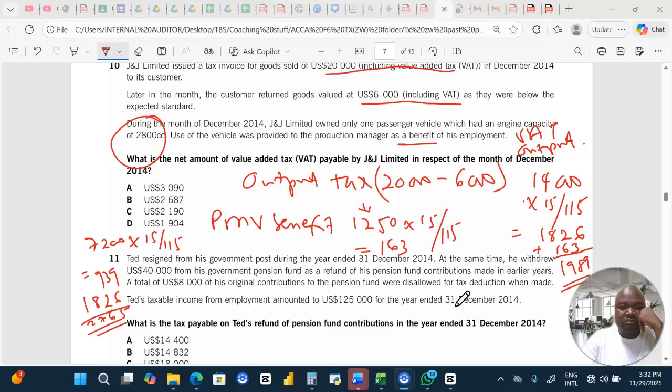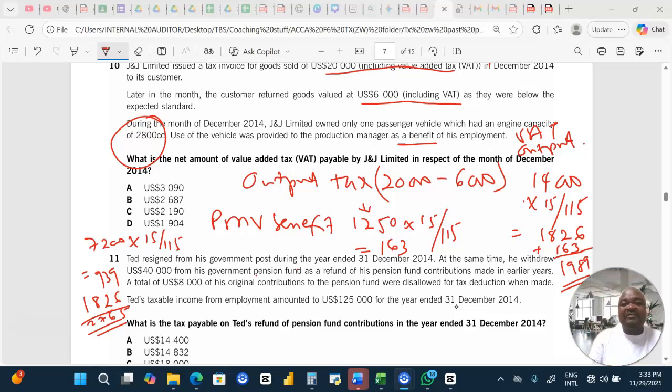Oh no, I made an error. This is an error which I don't want you guys to make. It's a very, very terrible error. And here we would be lucky if the examiner didn't want to put that one as a pitfall.